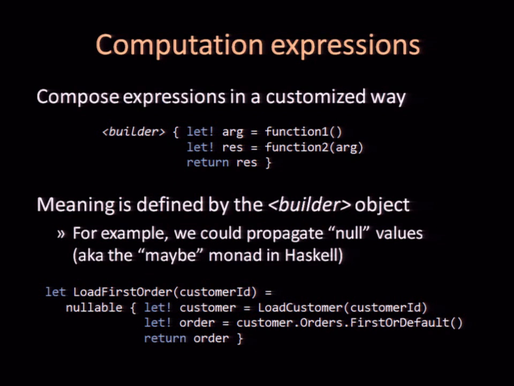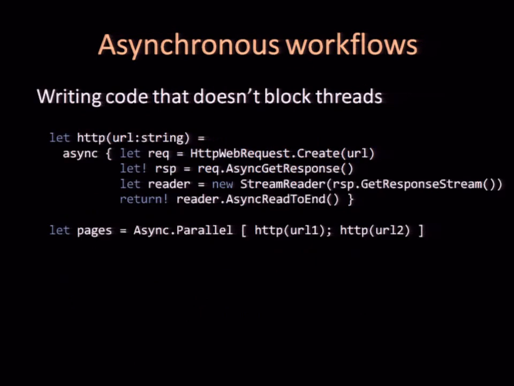So if the first method returned null, the whole expression would return null, and it wouldn't run the next line. That's just a variation of the maybe monad in Haskell, so that will be familiar to some people. But it's important that you can define your own computation expressions, and asynchronous workflows are just one case of that. That's supported in the F# core libraries.